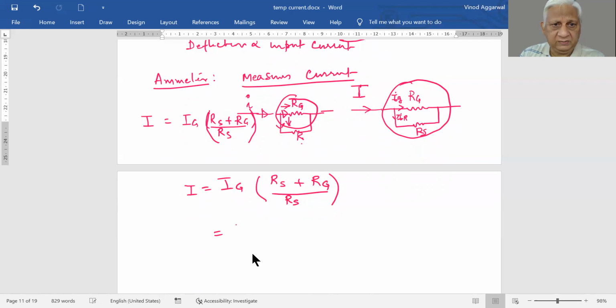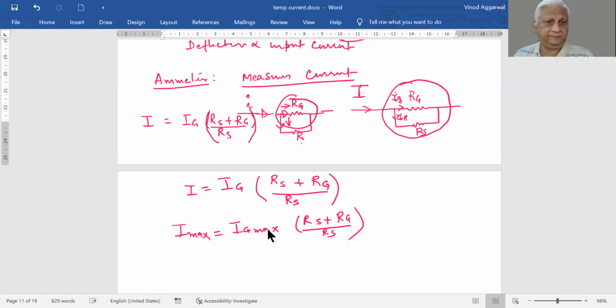If we maximize this, then the current measured will be maximum. If we measure current more than Imax, then the current through the galvanometer will cross its limit and it will burn away.